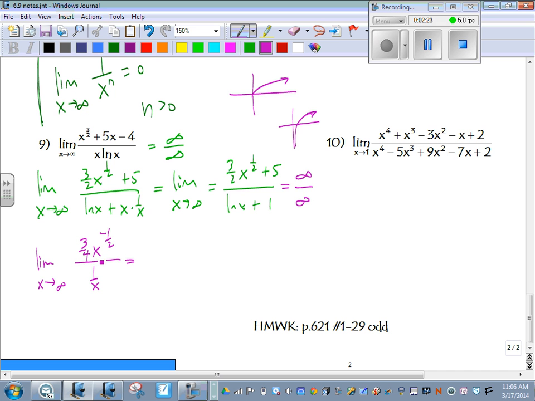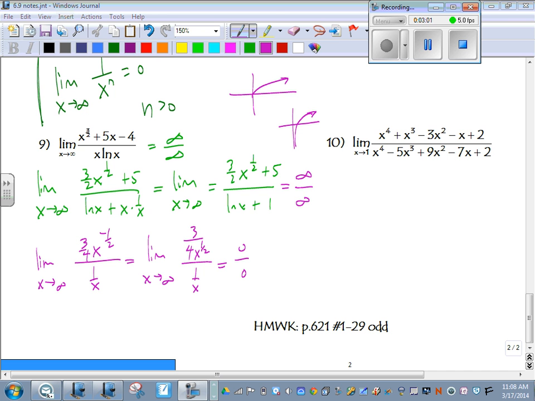This one ends up being, if we take the limit as x approaches infinity up here, remember this is really like 3 over 4 square root of x, or x to the, let's leave it as x to the 1/2 for right now. Well, if we have like a number over x to a power, remember we talked about this up here, then the derivative of this is just going to be 0. Derivative of this one, also 0.